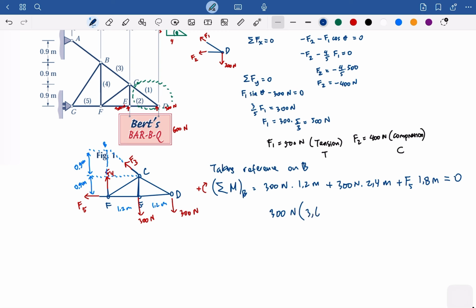This will be 3.6 meter times 300, and negative, so this will be F5 divided by 1.8 meter. So F5 is 600 Newton negative, right? Or we could write F5 is 600 Newton and write C as compression.